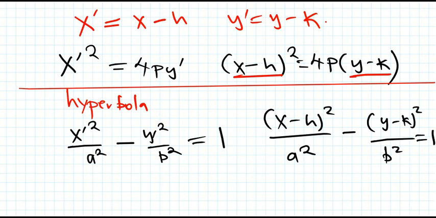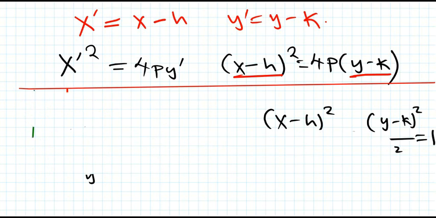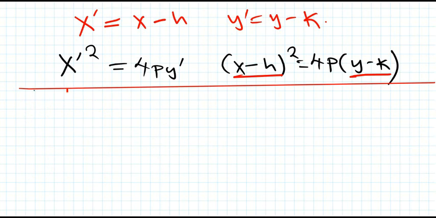Of course, this is a case where the focal axis is along the x-axis. If it's vertical, you expect to start with y squared. And then for an ellipse, an ellipse deals with a sum, and that can easily help you remember the equation.